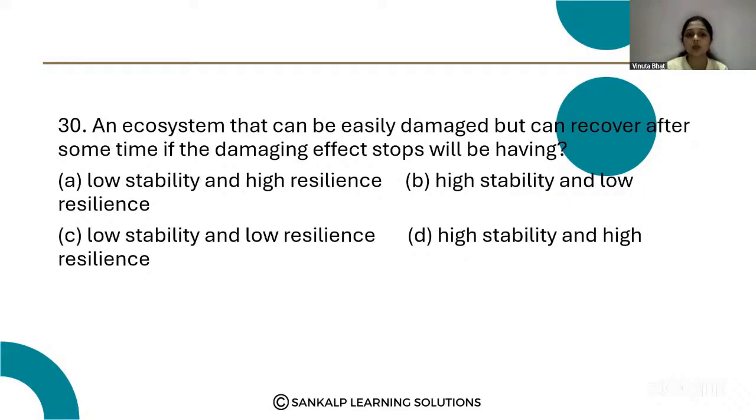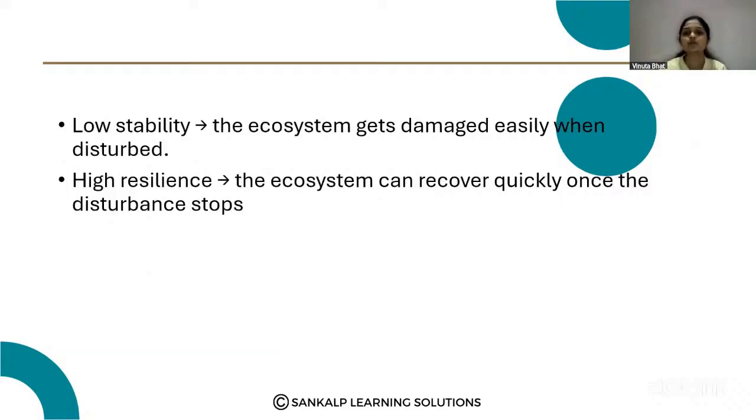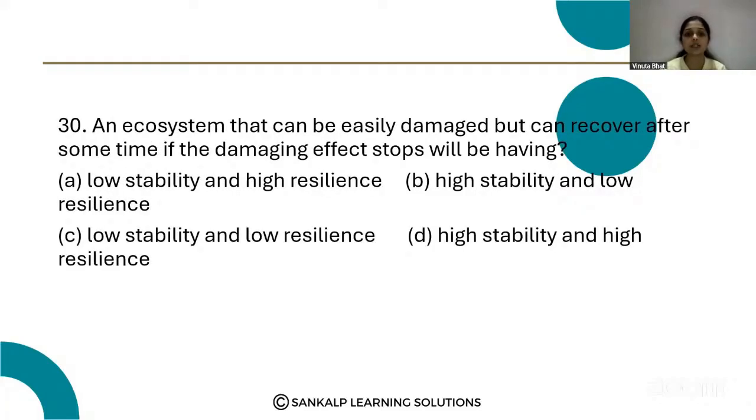So the ecosystem has high resilience because once the ecosystem is disturbed, it will undergo quick changes. So the ecosystem has low stability but high resilience. So option A, low stability, high resilience, is the correct answer.